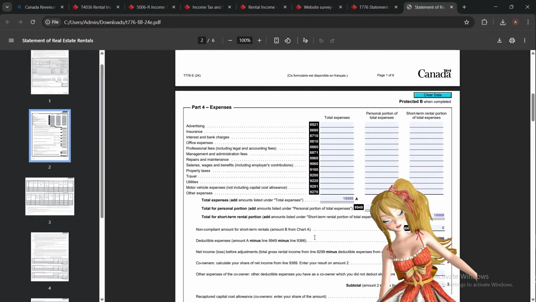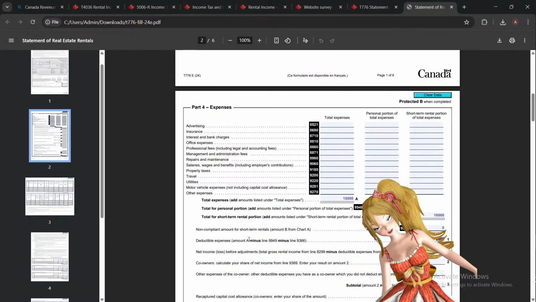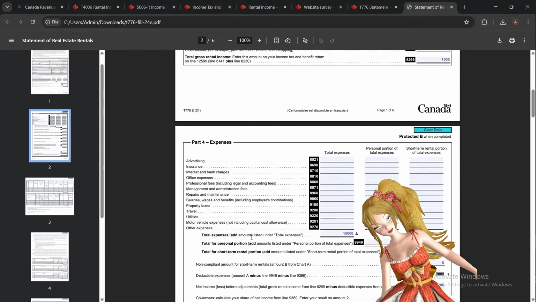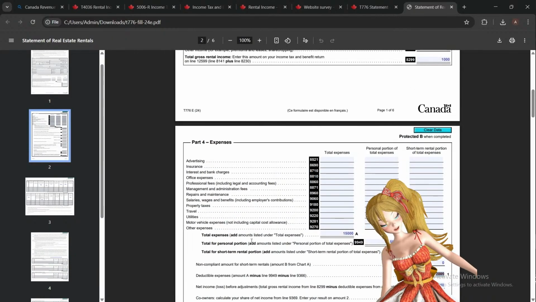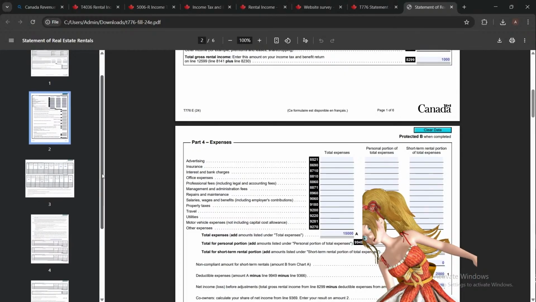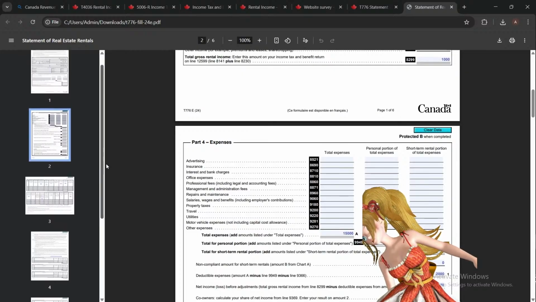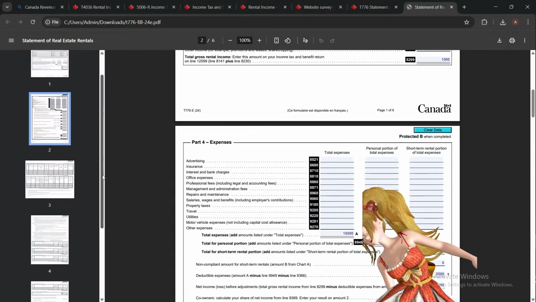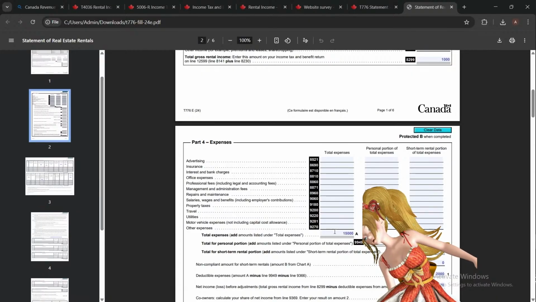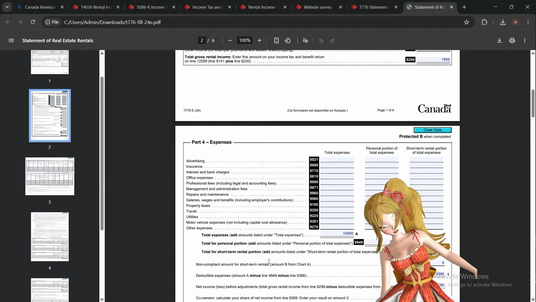Then the deductible expenses would be... Oh my god. Then it's not my renter's non-compliance amount, it's if the property itself is non-compliant. What? But it says for rentals.